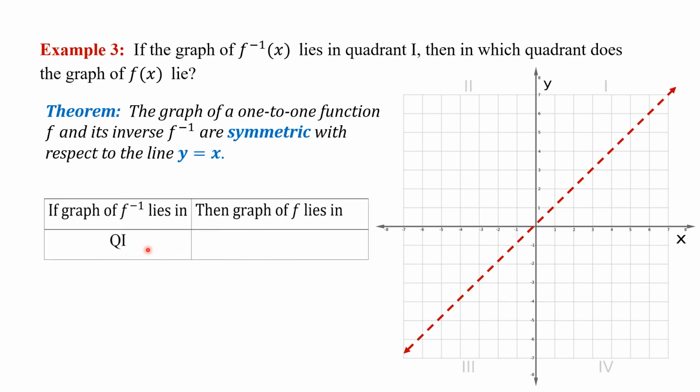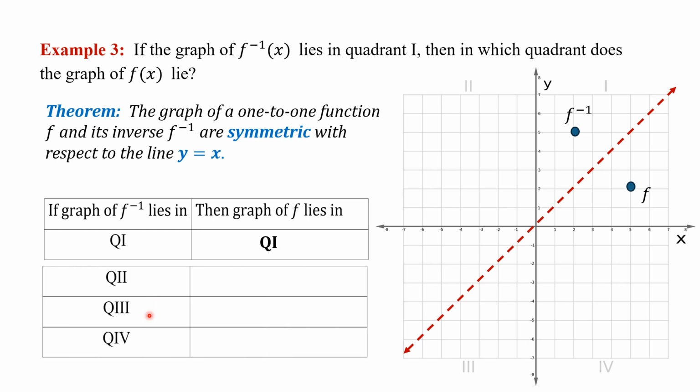To answer the question, let us assume a graph of f inverse that lies in quadrant 1, suppose for example a point, and then reflecting this across this line, the graph of f will still lie in quadrant 1.